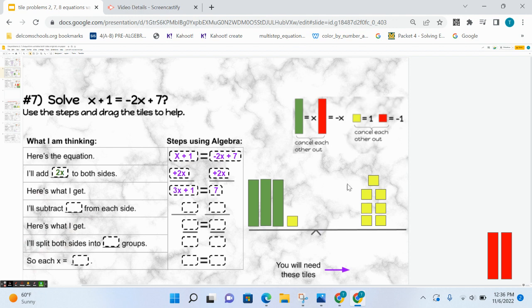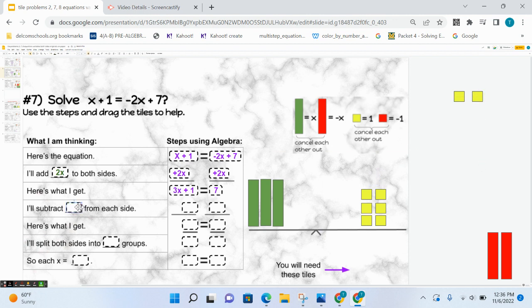Now the next goal is to get those rectangles alone. I've got to get rid of that yellow. And I have here, I'll subtract blank from both sides. Well, what could I subtract to get rid of a yellow? I could just take away a yellow. So I'm going to take out a yellow from the left. I'm going to take out a positive yellow charge from the right.